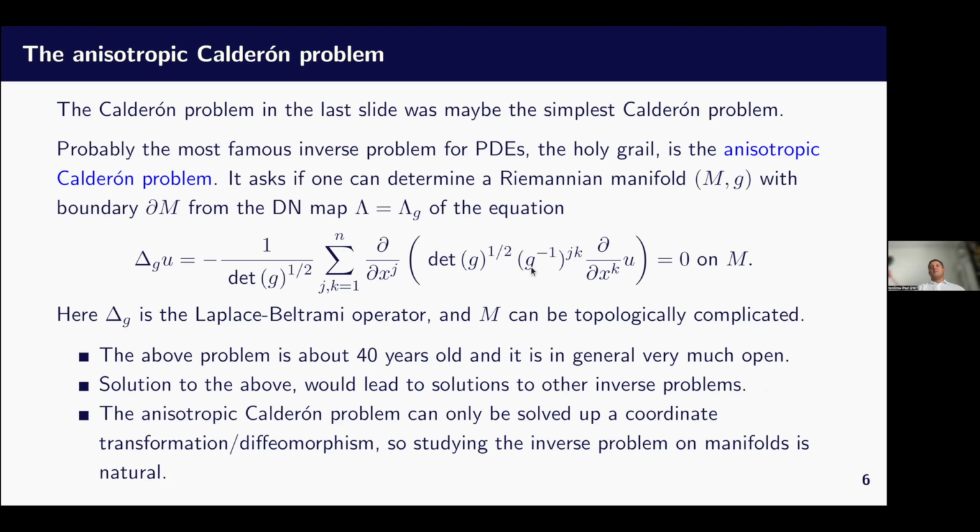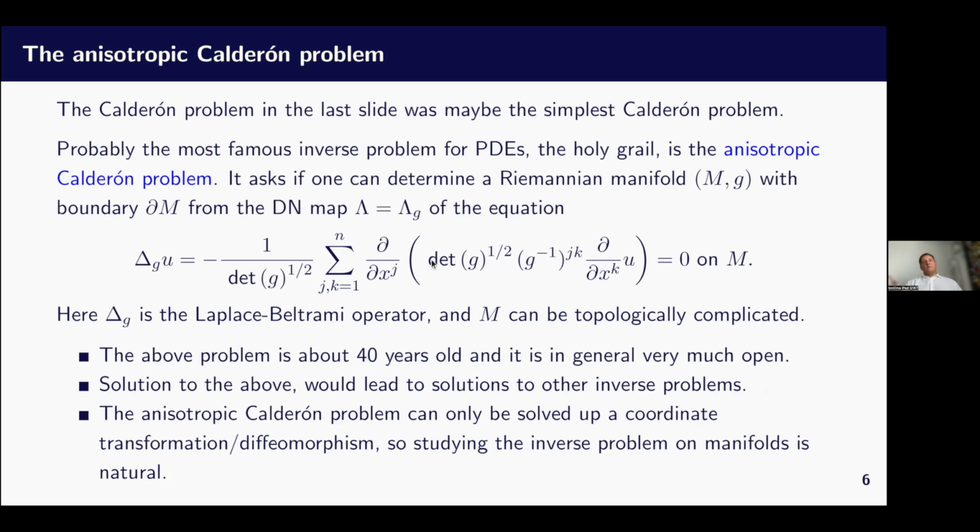The task is to determine this matrix valued function g from the DN map of this equation. The DN map is again defined as earlier: give a boundary value for this equation, solve the equation, and compute the normal derivative of the solution.